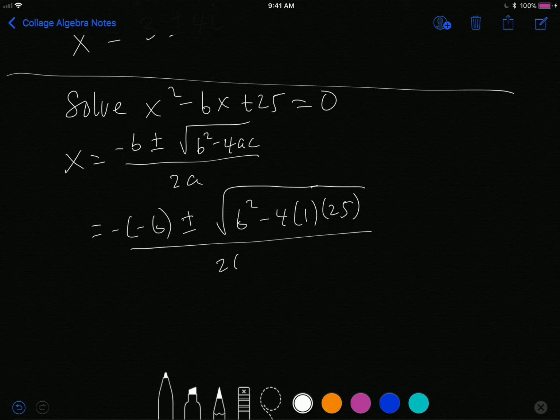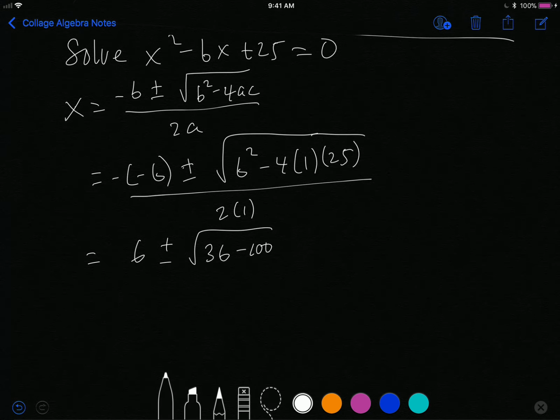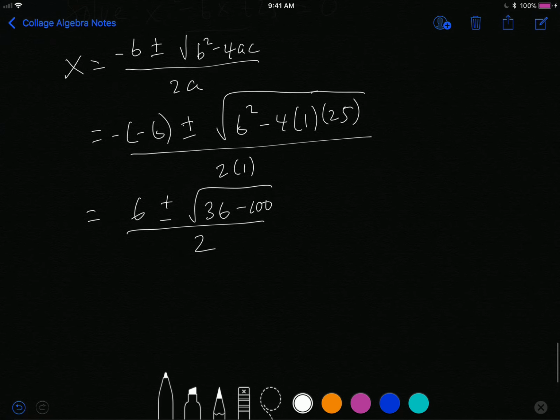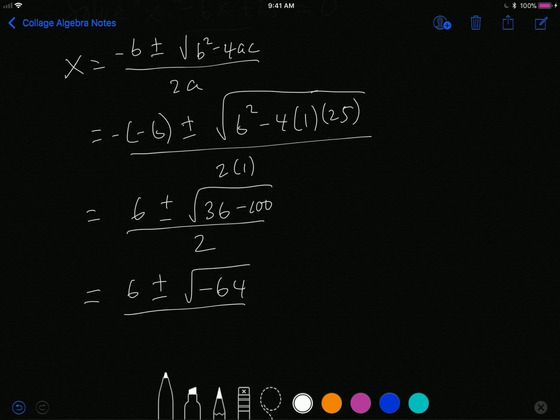Divided by 2 times 1. That gives us 6 plus or minus the square root of 36 minus 100 over 2. 36 minus 100, I've seen that before. Right, negative 64. 6 plus or minus the square root of negative 64 over 2.